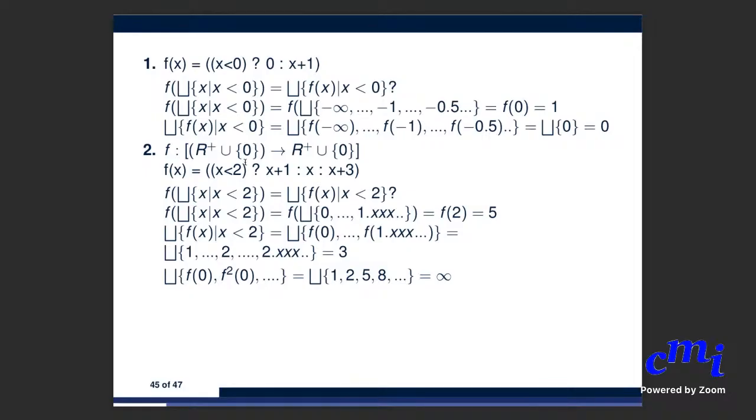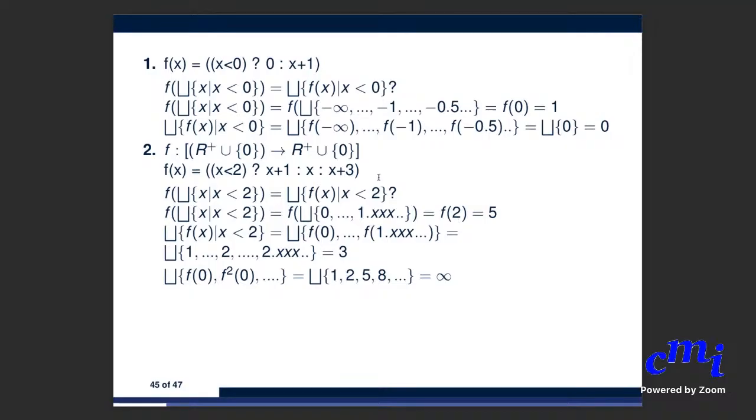Here is another example where there is a discontinuity. Here I'm using R plus, the positive domain, enhanced by a bottom element 0. So it doesn't have infinity. There's a top element, the bottom element 0, and the discontinuity is at 2. Once again, similar to the reasoning here, f is not limit preserving. If you take this chain from 0 to something less than 2, it converges to the limit 2.